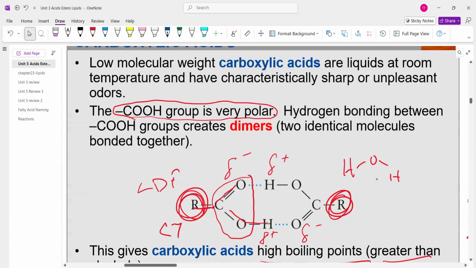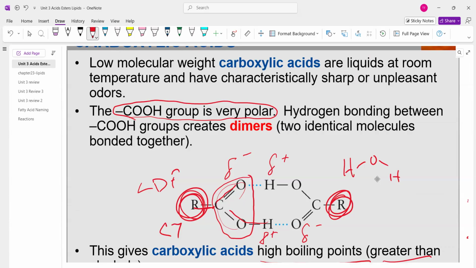Now, the thing that's distinguishing about acids is the acid group is extremely polar, and they frequently will get together when they're in solution and team up together.